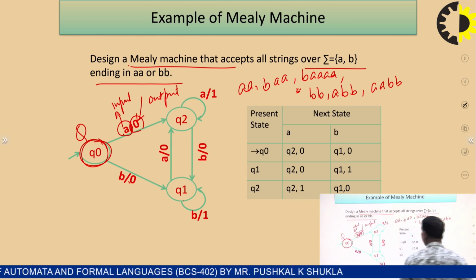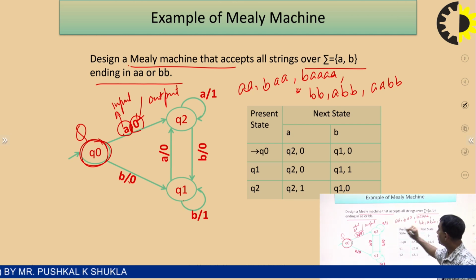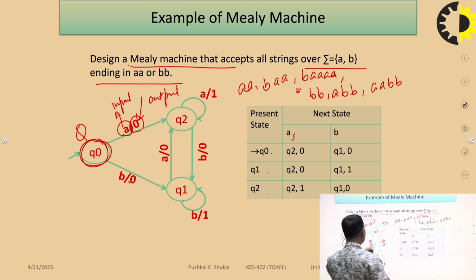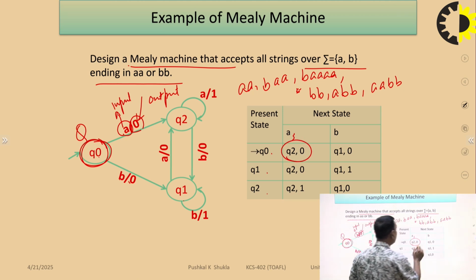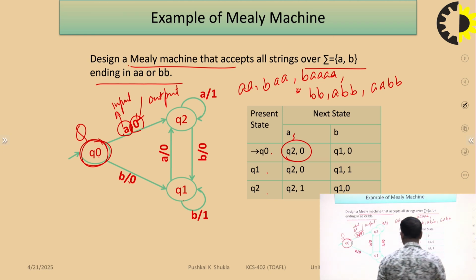So here we can write this transition diagram through the present state. To the present state, Q0, Q1, Q2. 3 states are there, Q0, Q1 and Q2. And after taking input A, it goes to the state Q2 and produces the output 0. So write it in a transition table like this. So how will we write?